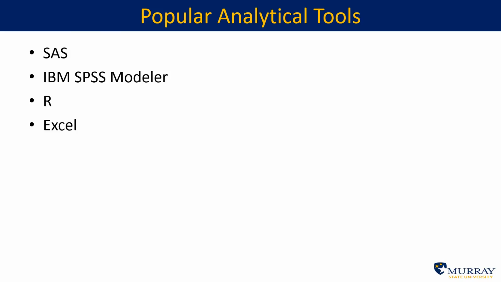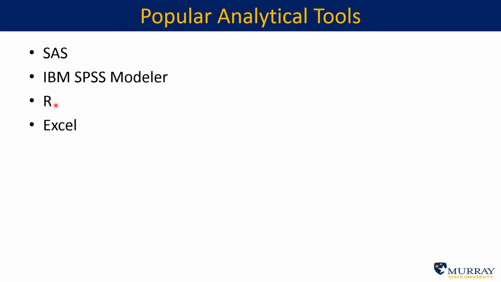Some popular analytical tools: SAS is very big in data analytics in general, but especially with respect to big data. SPSS Modeler is a well-known software that is used in business and social sciences. A few years ago, it was purchased by IBM. R is an emerging standard in several industries.